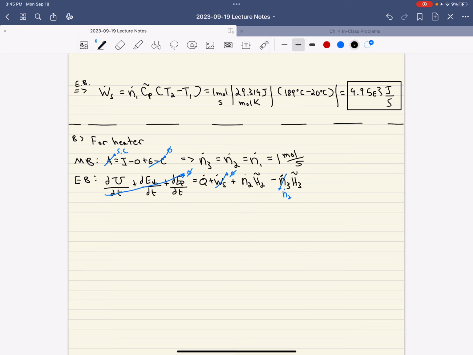So if we rearrange our equation, we get that Q dot for the heater is equal to N2 times H3 minus H2. And if we apply the heat capacity definition, we get this. The Tref's cancel, so that we get this.